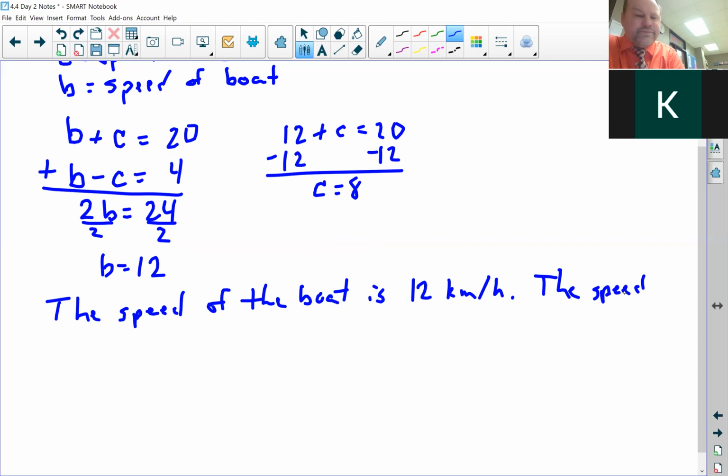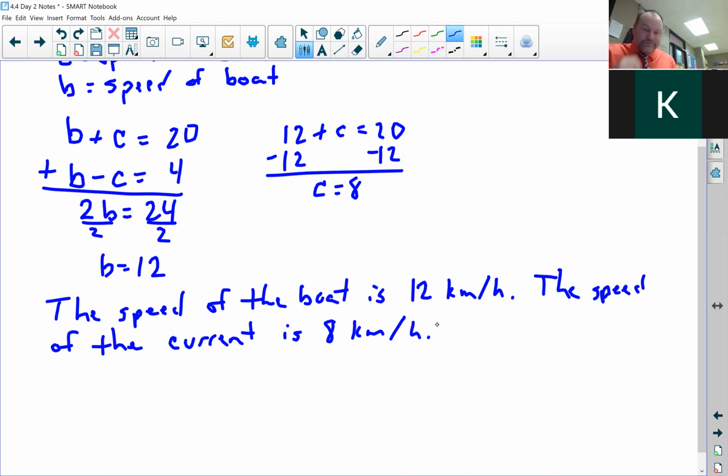The speed of the current is 8 kilometers per hour.